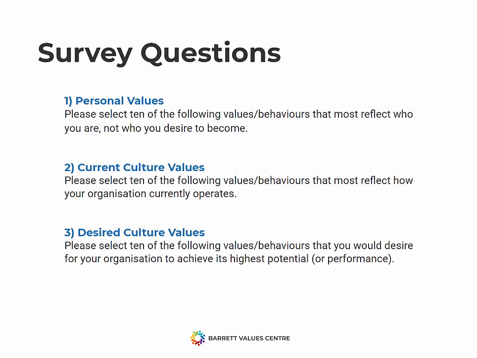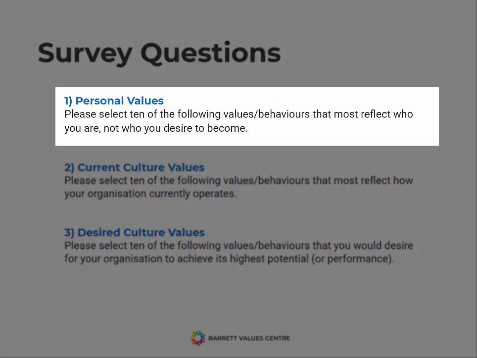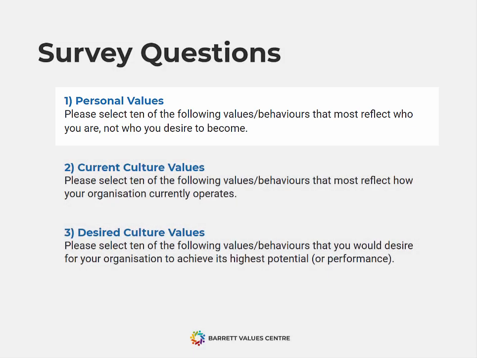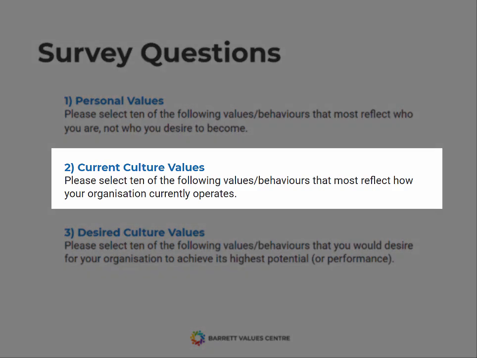So what are the questions we ask when people take the survey? The first question, please select 10 of the following values and behaviors that most reflect who you are. This question enables us to understand who the people are and what's most important to them. We come to the current culture and we ask the question, please select 10 of the following values and behaviors that reflect how your organization currently operates.